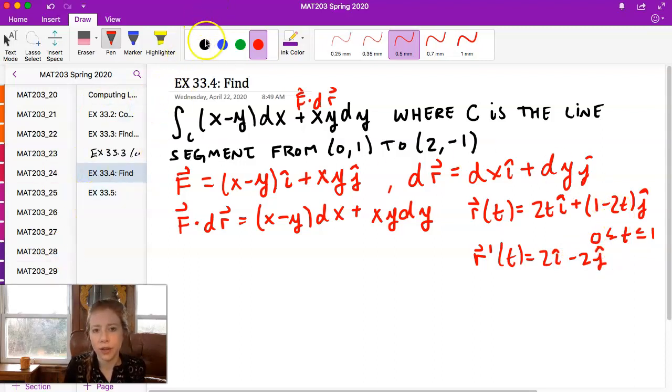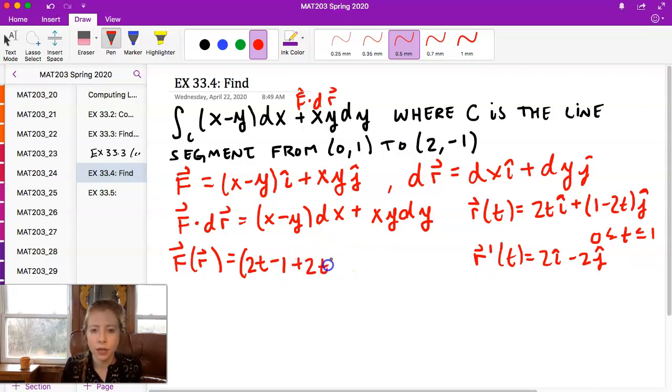All right, and so now let's rewrite F as a function of time, as a function of r(t). And so this is going to give us (2t minus 1 plus 2t) i hat plus 2t times (1 minus 2t) j hat.